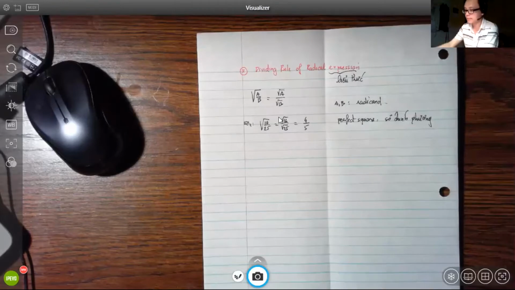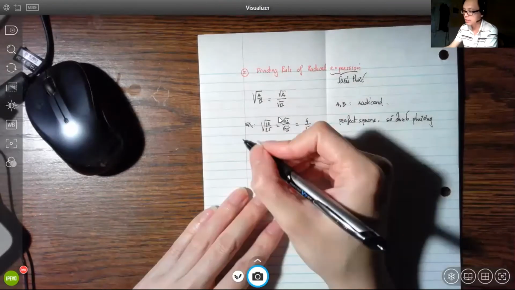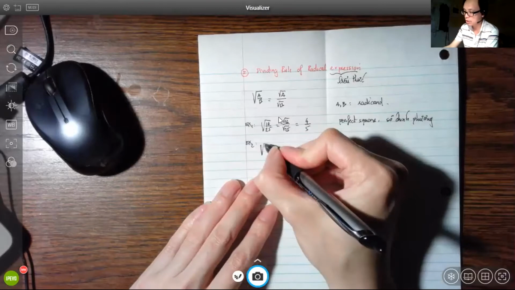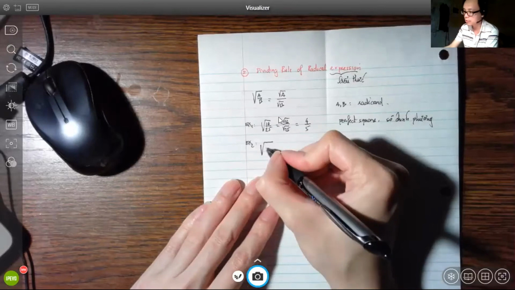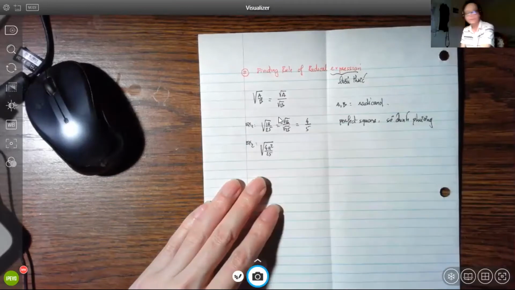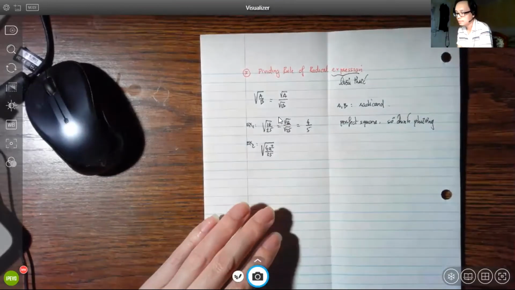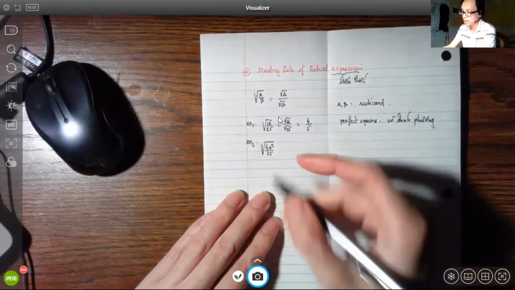Okay. Trong cái ví dụ 2 này á, thì tôi sẽ cho một cái ví dụ mà có biến, trong đây là square root of 4a square over 25. Cái biến ở đây là biến a. So again I'm going to apply the formula.